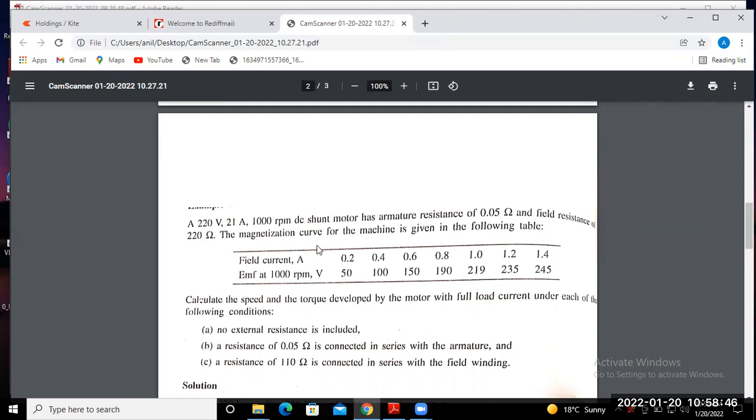So if the field current changes, the EMF induced changes. Given here are various field current values with the corresponding EMF induced values. Calculate the speed and the torque developed by the motor with the help of load current under each of the following conditions. First, no external resistance is included.